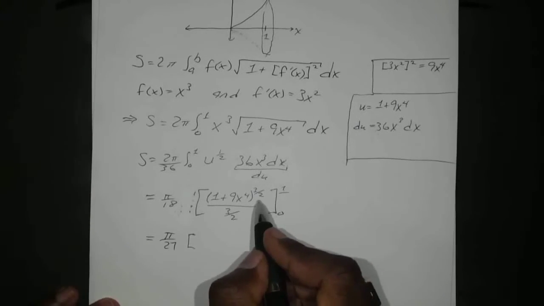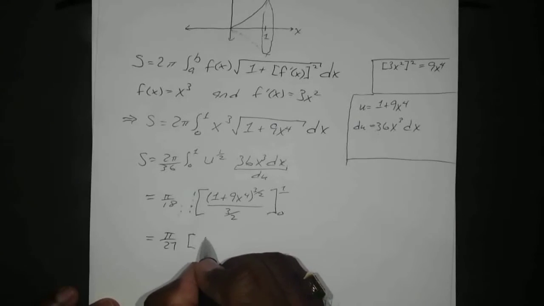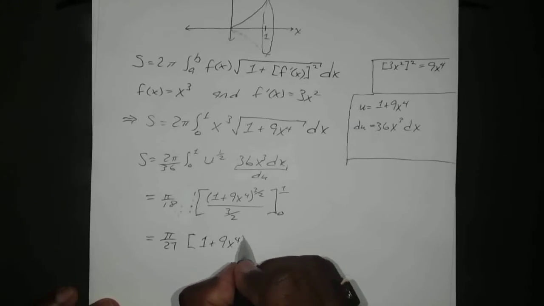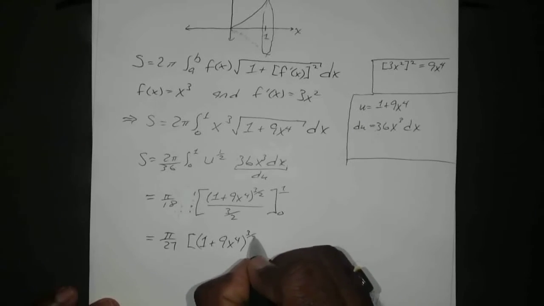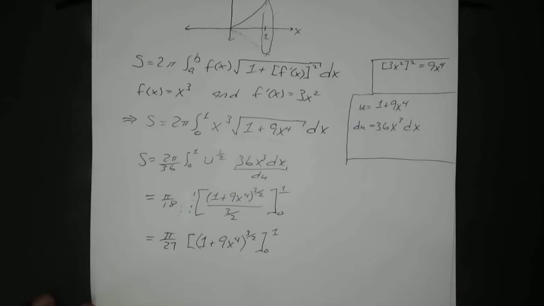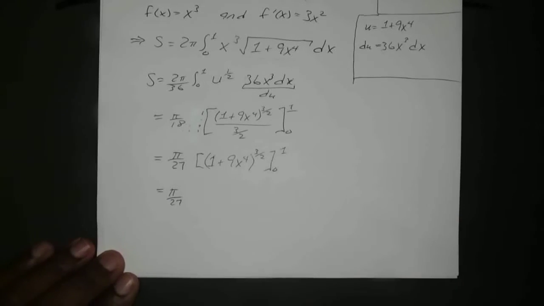Okay, so now if we have that 1 plus 9x to the fourth to the 3 over 2 from 0 to 1, we plug in our 1. We end up with pi over 27.